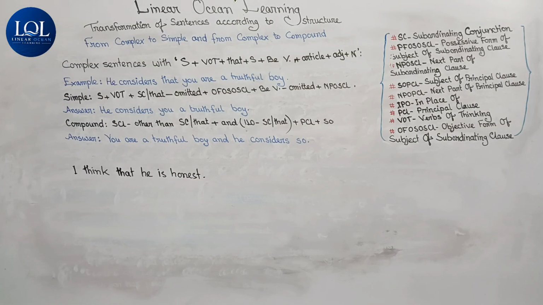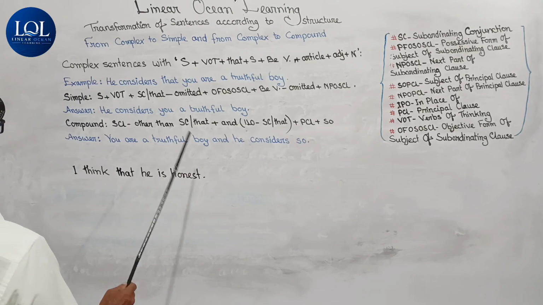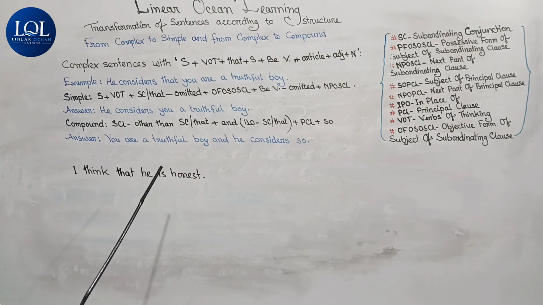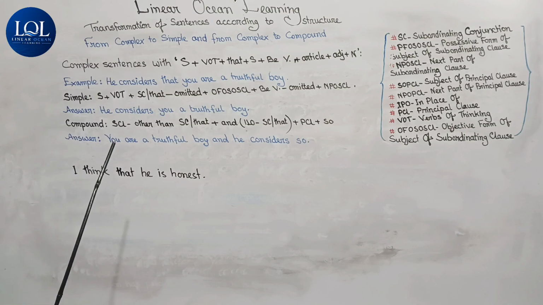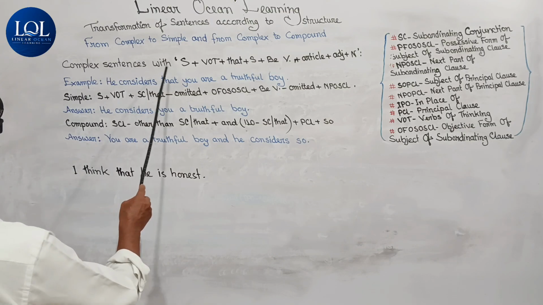In the previous examples of Rule 36, here we get an example. I think that he is honest. Here in this subordinating clause, it is that, the subordinating conjunction, plus subject plus BV plus adjective. But in a slightly deviated way, this same thing is presented here.